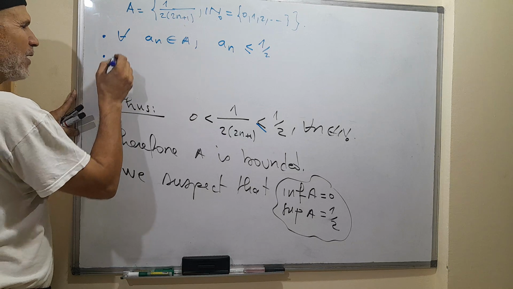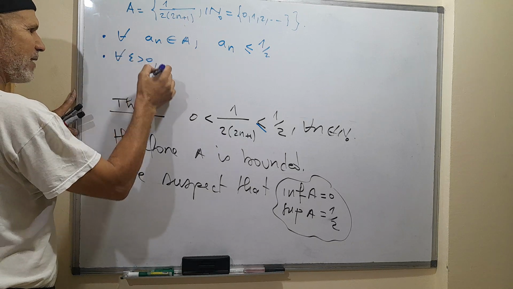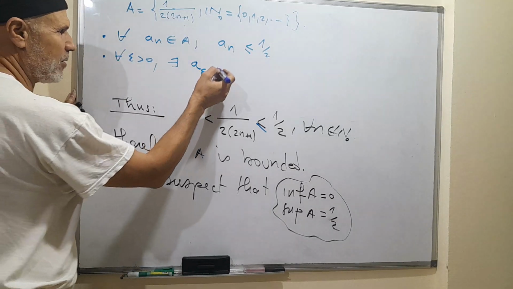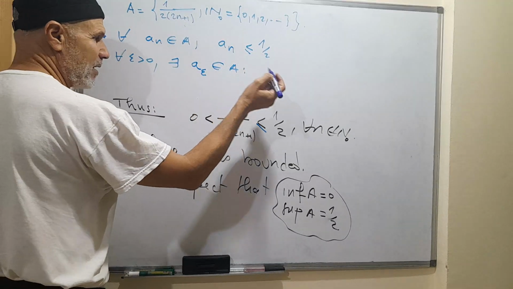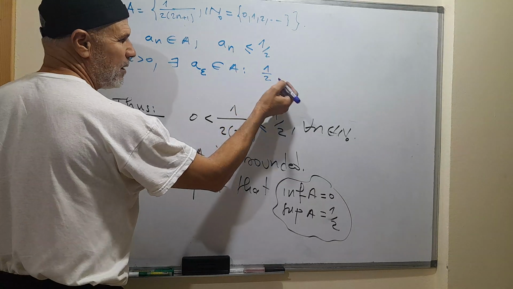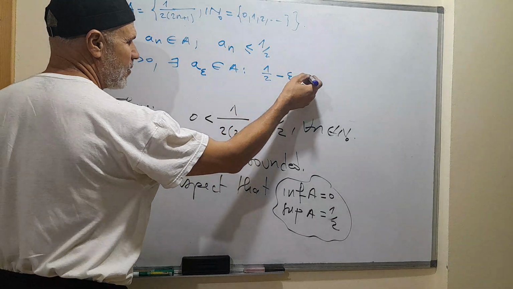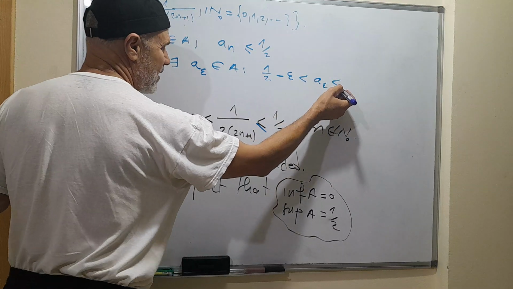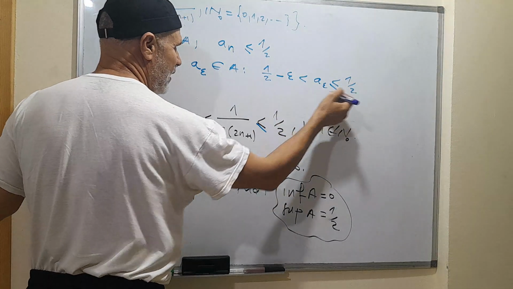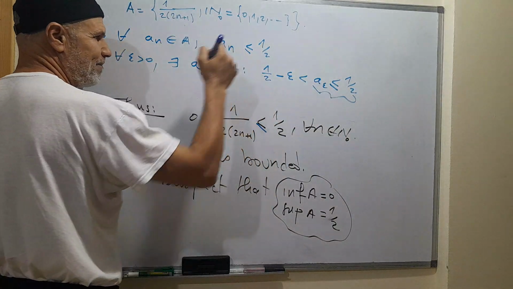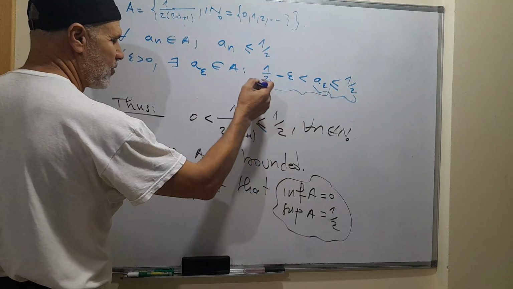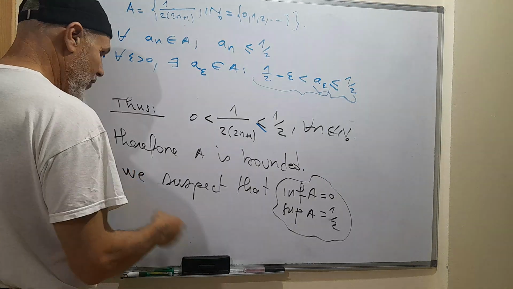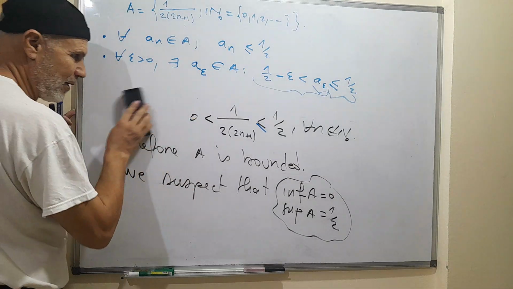Second, for any epsilon greater than 0, can we find an a epsilon from A such that 1/2 minus epsilon is strictly less than a epsilon, which is less than or equal to 1/2? This is done. So we are just interested in this strict inequality.